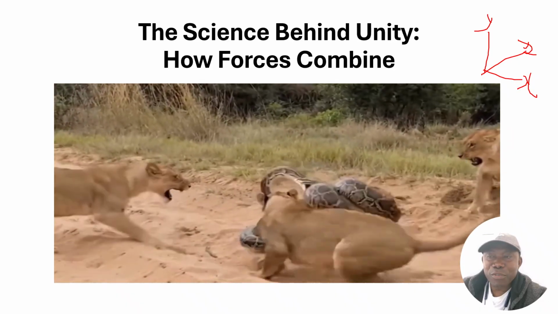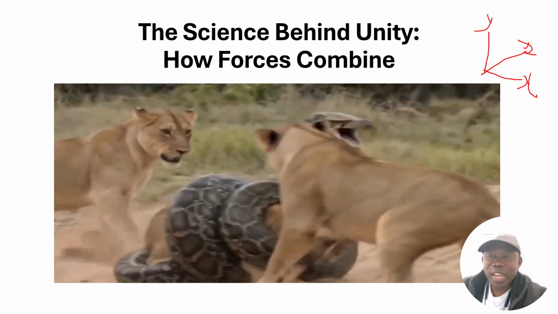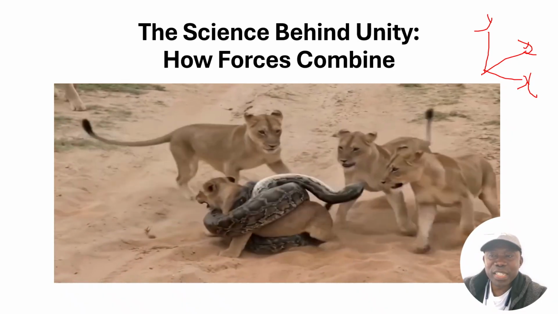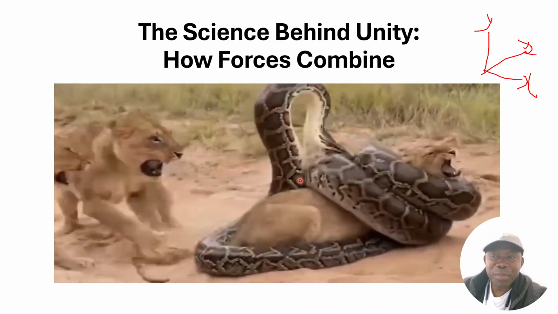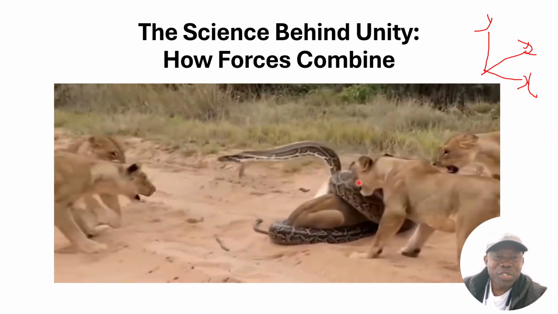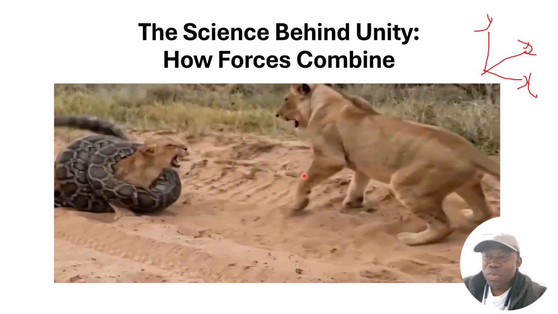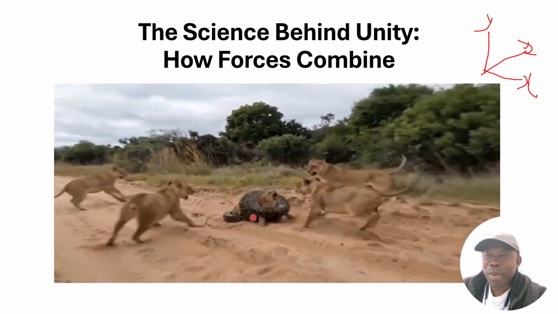The python is applying force in so many directions and could win its prey, but it is facing opposing forces from this cub. So who wins here? In effect, we can say that the individual forces must work together to defeat this python.